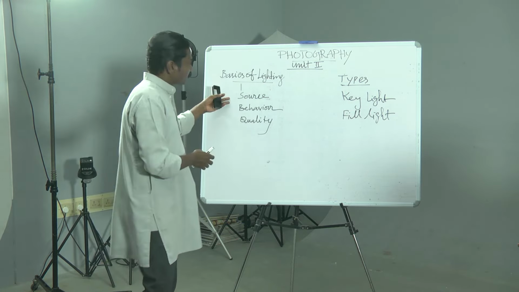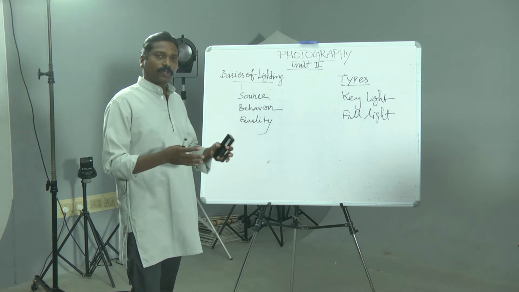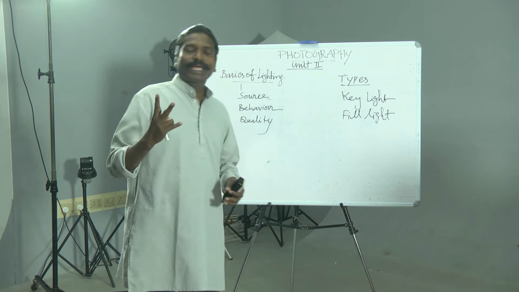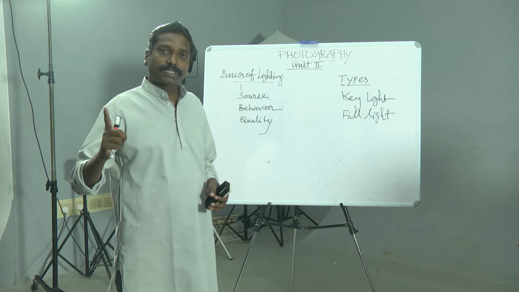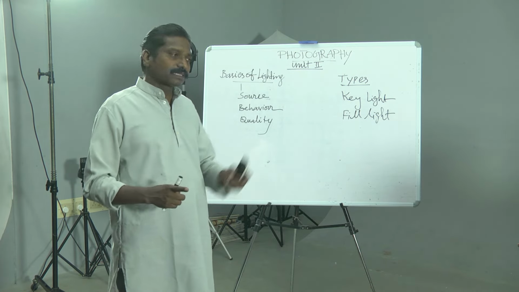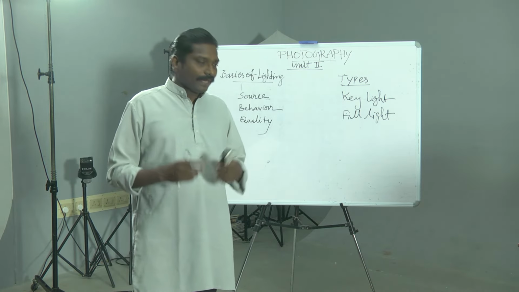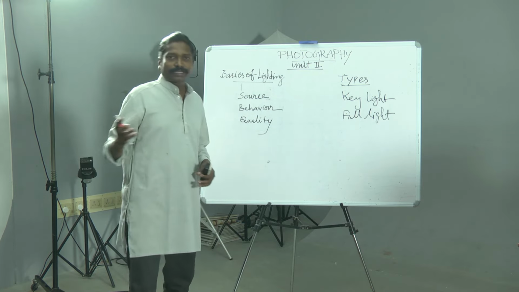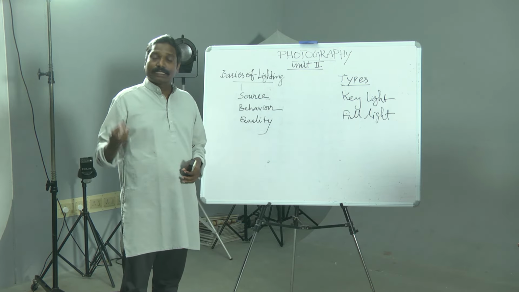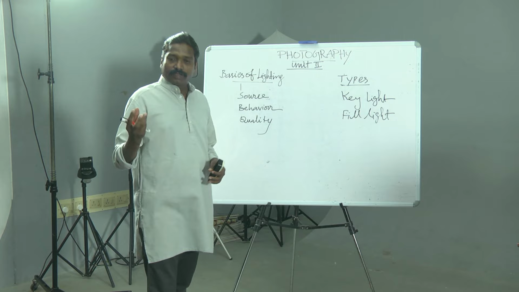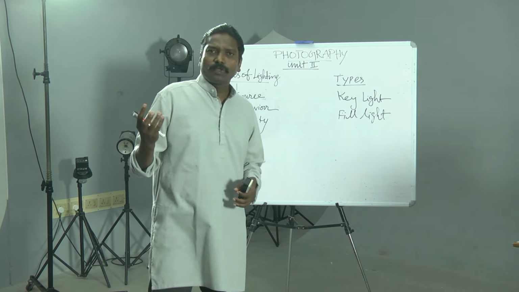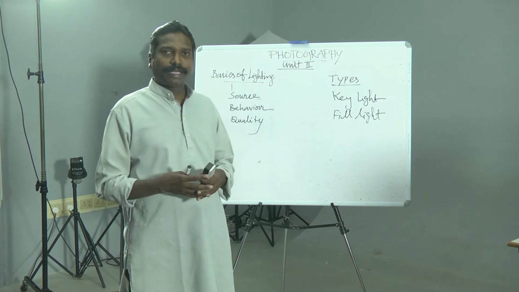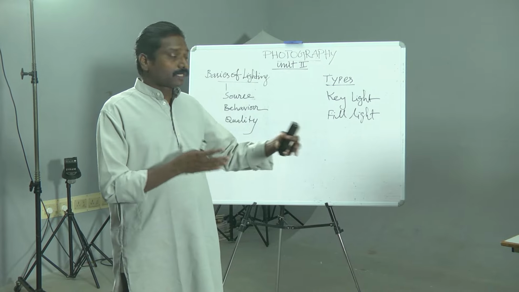What are the sources of the light? The sources we can divide into two categories: one is natural source and another one is artificial source. Examples of natural sources are the sun and wooden fire. Both are natural sources.